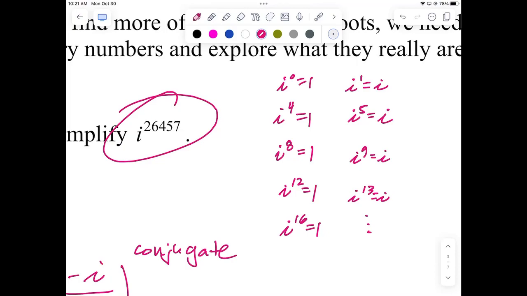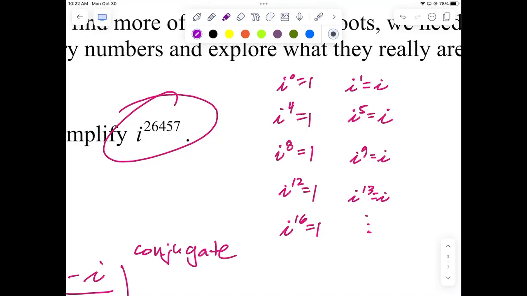Okay. If I have a large number and I know it repeats every 4 cycles, what really is the most important part of this number? What if I know that this goes into 4 evenly by a certain amount of times? Then what should it be if it goes in evenly? It should be a multiple of 4, right? And if it's a multiple of 4, it should be 1.